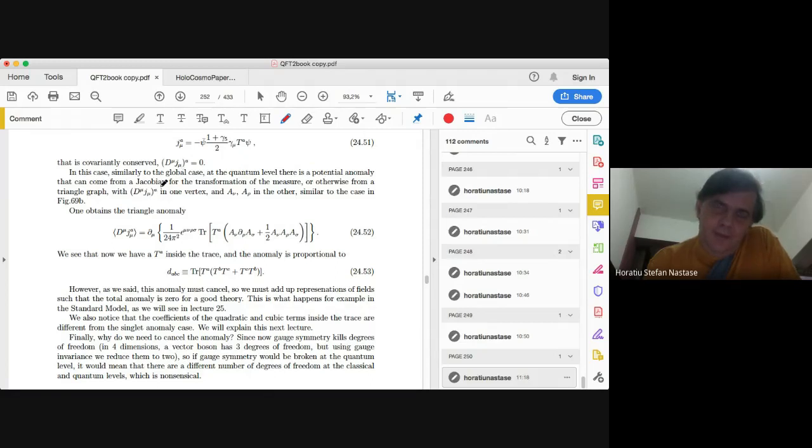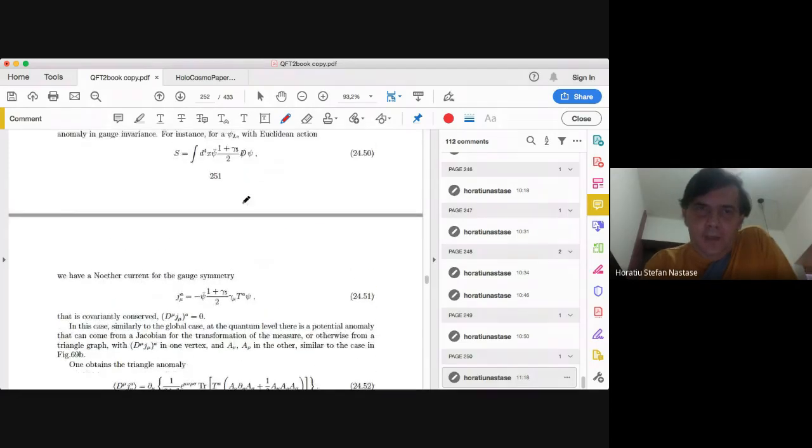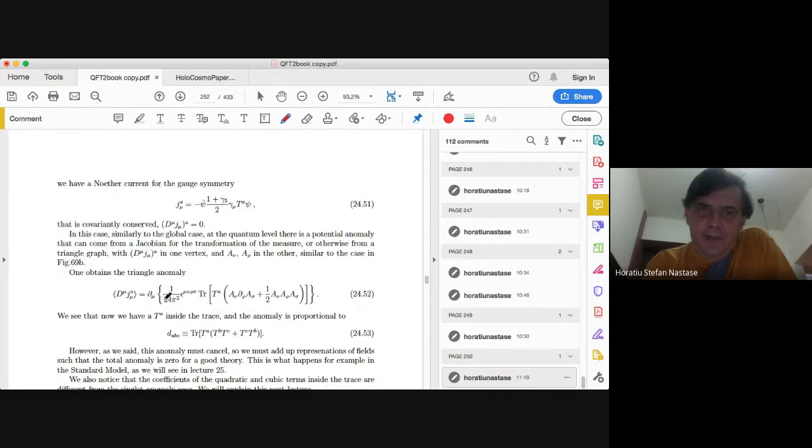By the same kind of calculation, we'll find that we have at one vertex not del mu j mu a, but D mu j mu a, and then at the other two vertices A nu and A rho. Well, one can do the calculation and find that what we obtain is the following.